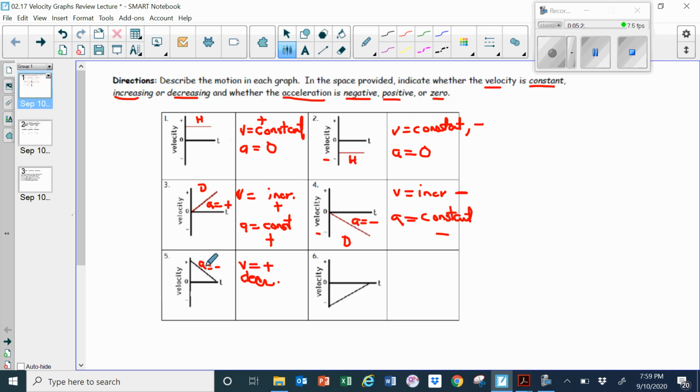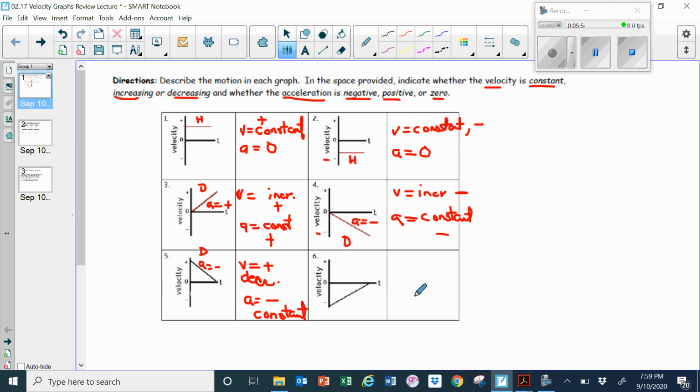This slope is negative, so the acceleration here is going to be negative. And since this is a diagonal, the acceleration is going to be horizontal, and the slope of this line is constant, right? It's negative, but also constant. So the acceleration has to be constant.